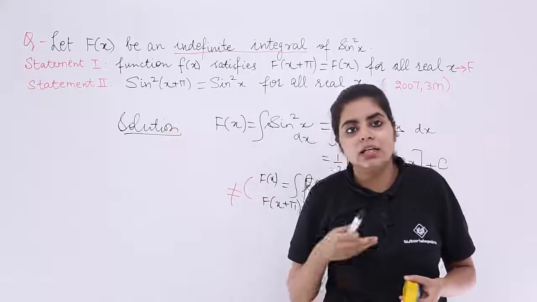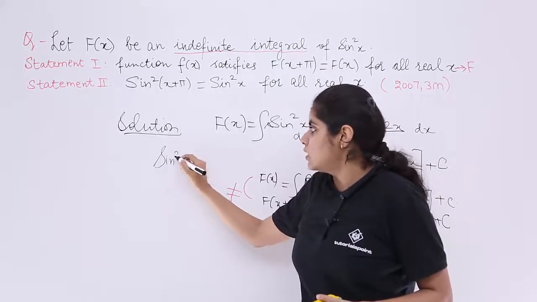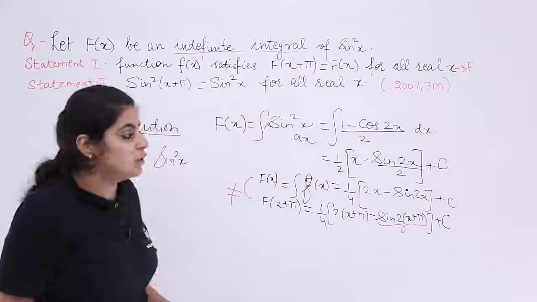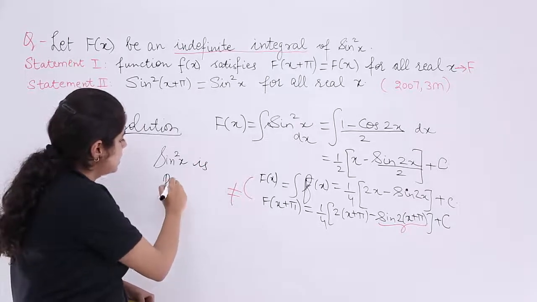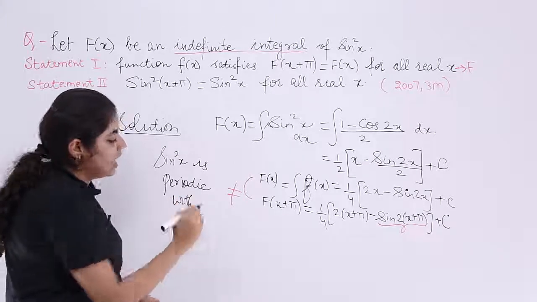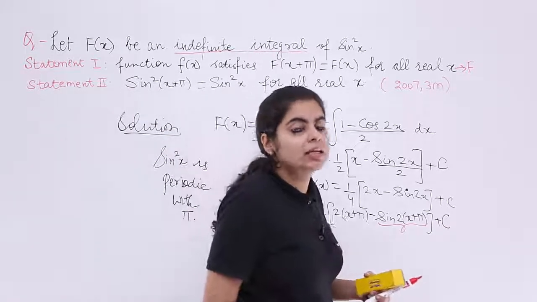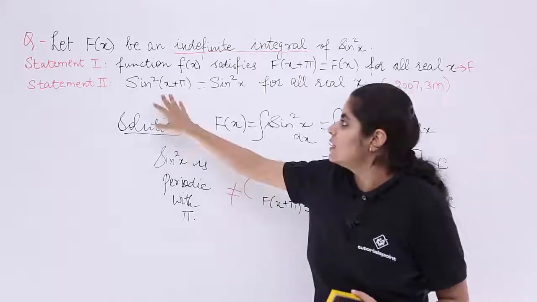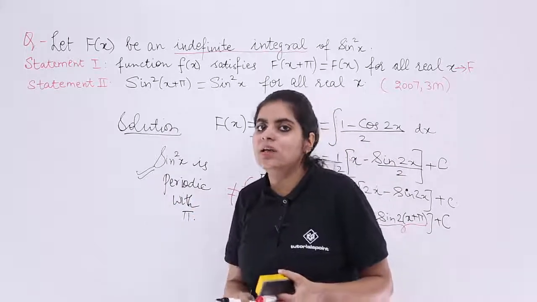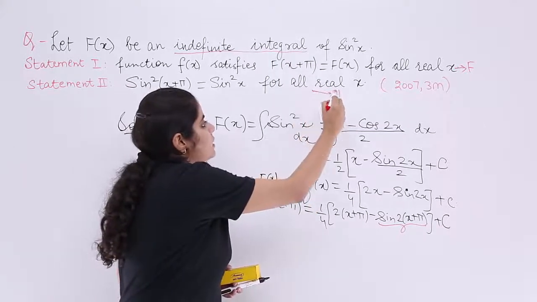We have already studied the graphs and curves of sine and cos. So sine square x is periodic with the interval of pi, and that means after every pi the value will repeat. So sine square (x plus pi) is equal to sine square x. This statement is true, but the first one was false. So for the second statement, I will write yes, it is true.